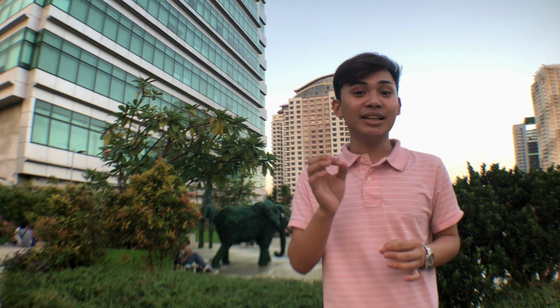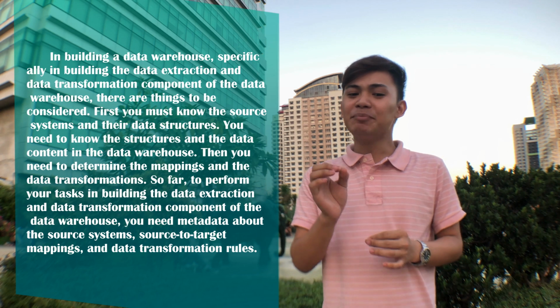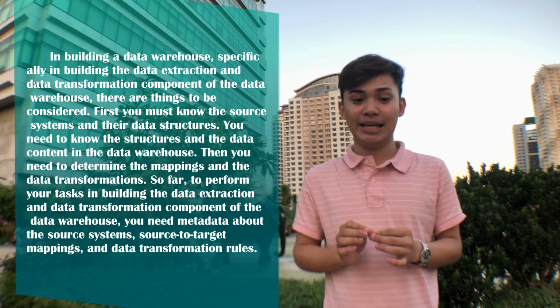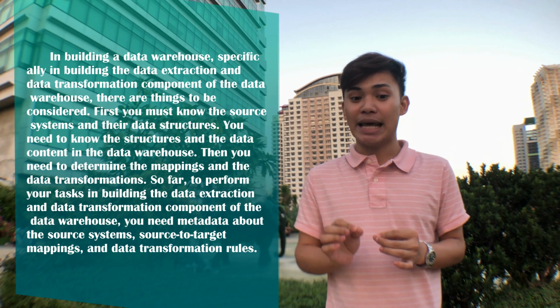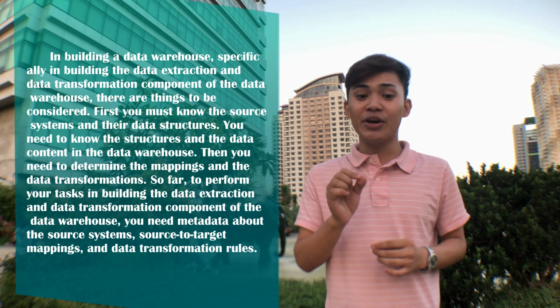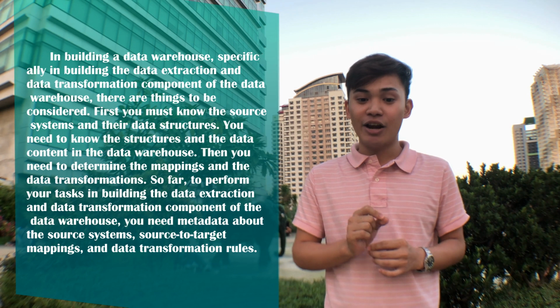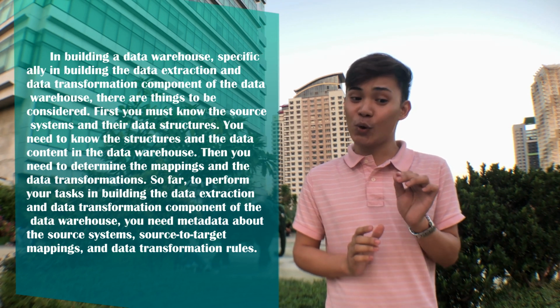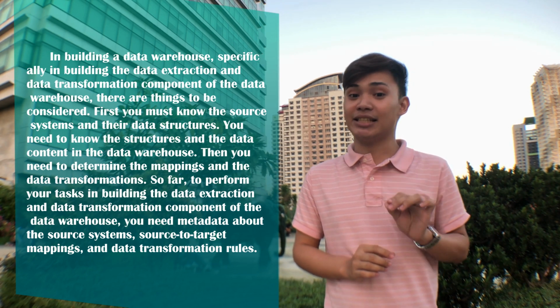As per the second critical role metadata plays in the data warehouse, we have building the data warehouse. In building a data warehouse, specifically in building the data extraction and data transformation component of the data warehouse, there are things to be considered. First, you must know the source system and their data structures.